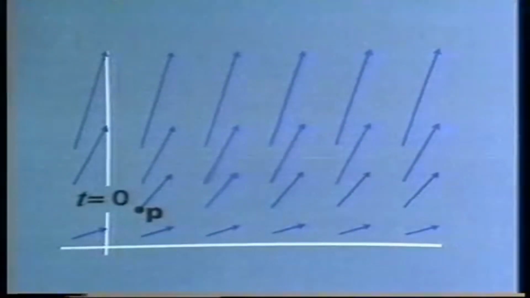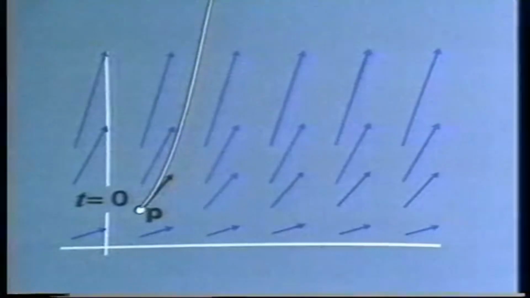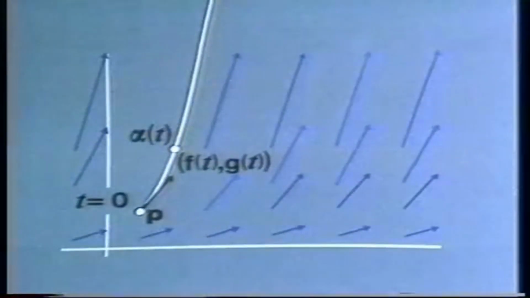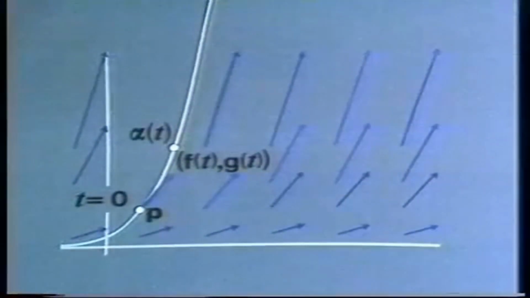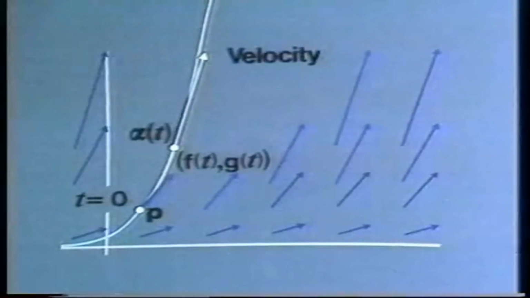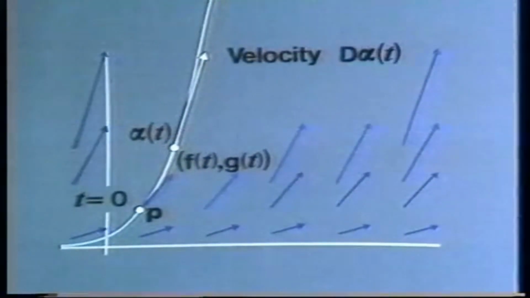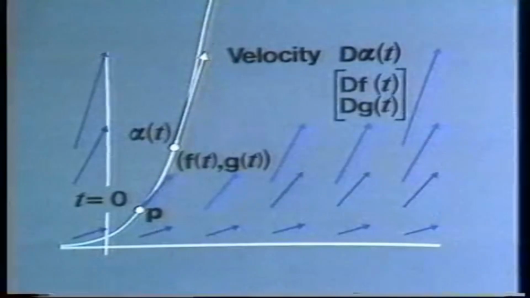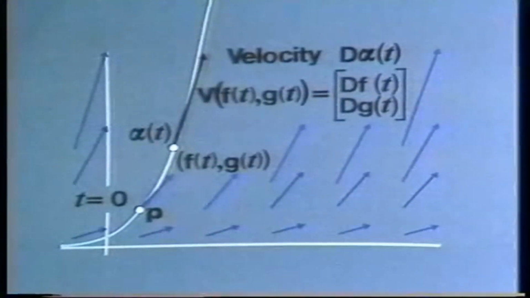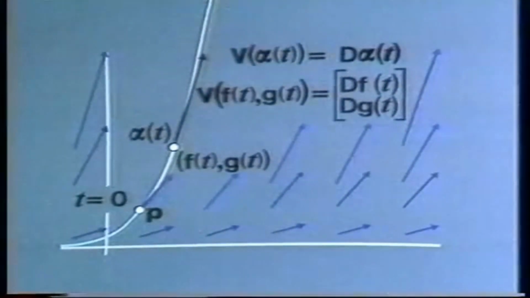Then the particle will move off with a velocity equal to the flow vector at P, and you'd expect its subsequent motion to be predetermined along a flow line. That is, you'd expect its motion could be described by a unique function alpha, where alpha is such that the velocity of the particle expressed in terms of alpha is equal to the known flow velocity, with alpha at time 0 equal to p.